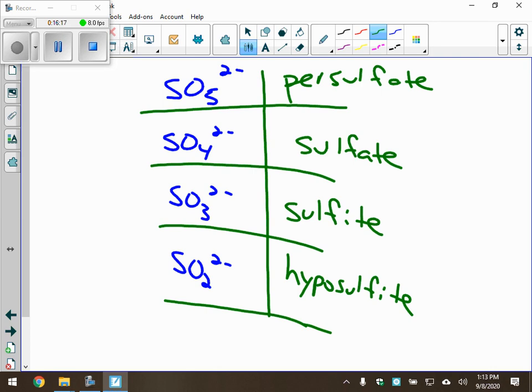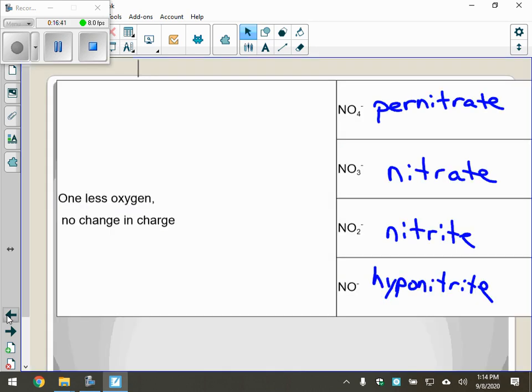Now, I do these two examples for a reason. What it depends on is what's on the periodic table. My point is this, okay? Sulfate is SO4 2 minus. Nitrate is NO3.